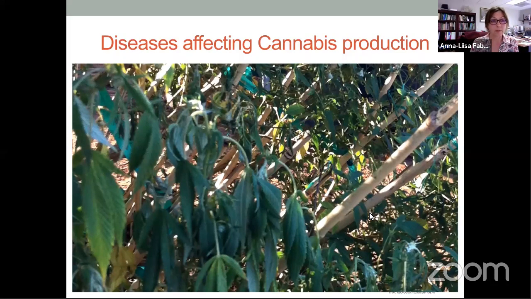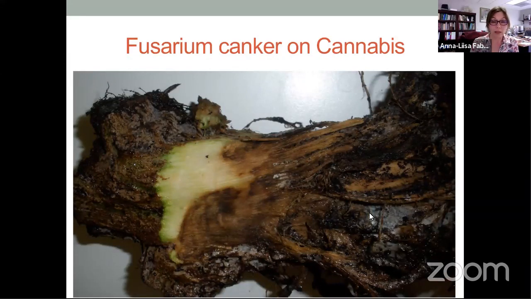And then I used my knife a little bit, and I thought, okay, wilt, maybe there's something in the vascular system. I peeled off the bark a little bit, and yes, you could see this canker showing on these matured big trees, a little bit of the crown. Later on, I found out that we isolated Fusarium oxysporum from these tissues.